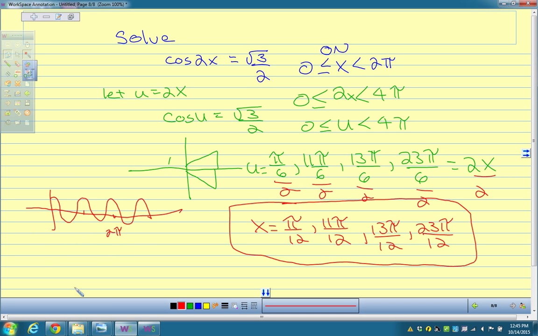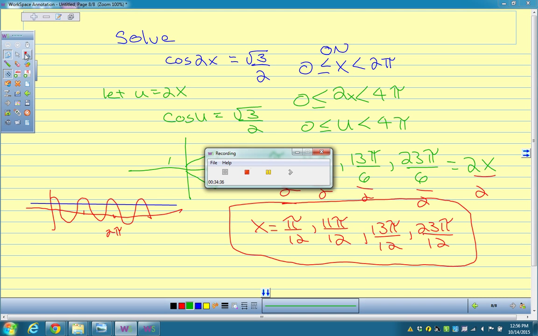And if I want to see where that equation holds, how many times would that cross the line, this is my x-axis here, not a very good axis. But if this is y equals square root of 3 over 2, this would cross, here's the first solution, here's the second solution, here's the third solution, here's the fourth solution. Those are those four solutions on my graph.